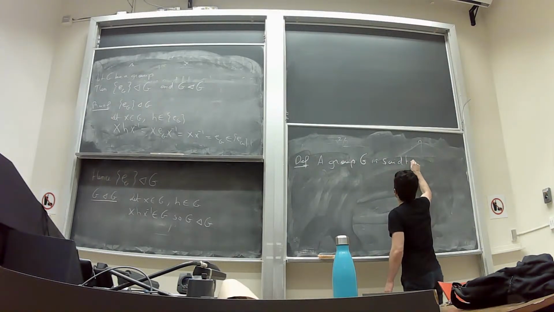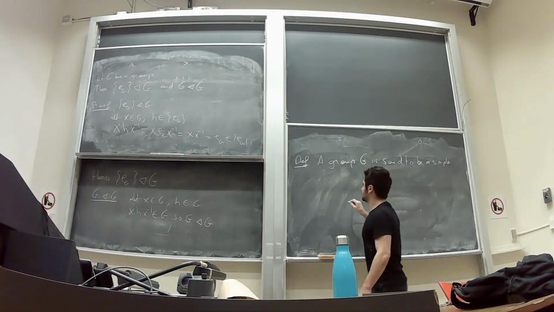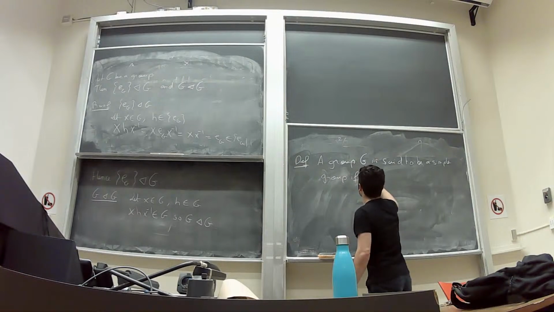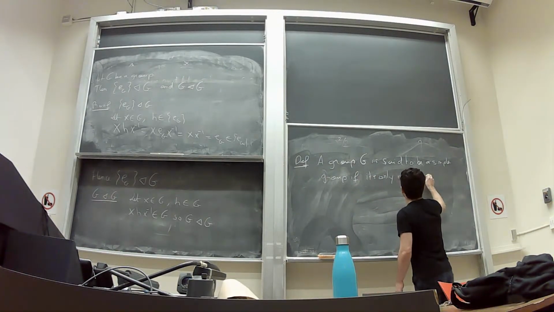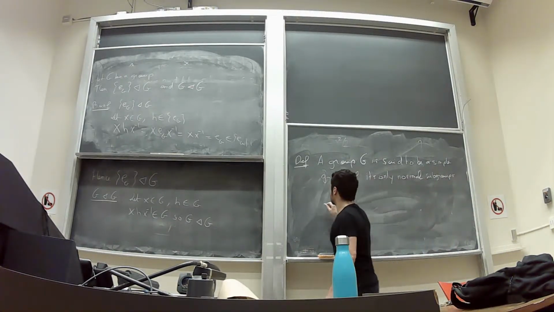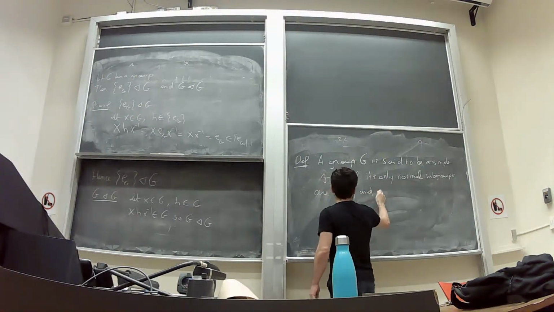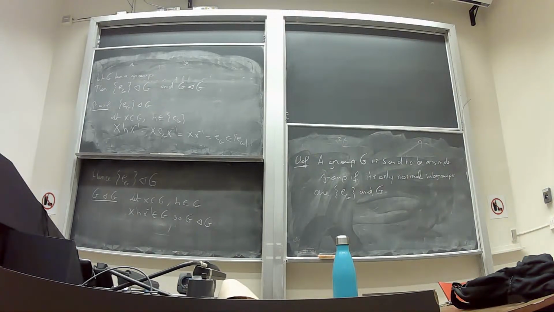It's said to be a simple group if its only normal subgroups are... Okay, so a simple group is a group that has no normal subgroups except the identity and G itself.